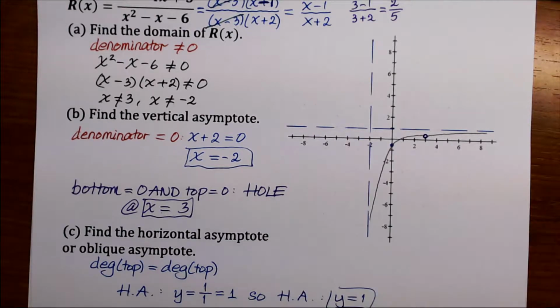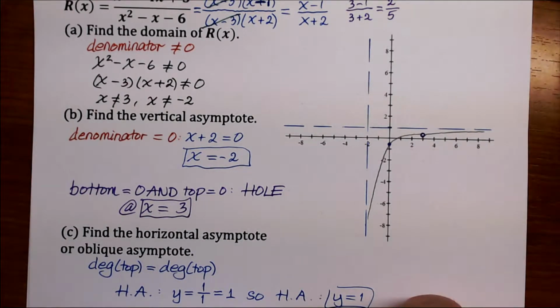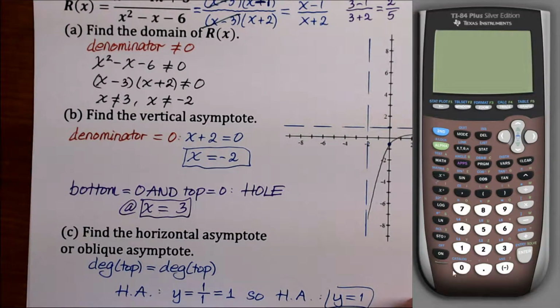So we're going to use all of that information. So vertical asymptote at negative 2, and horizontal asymptote at 1.